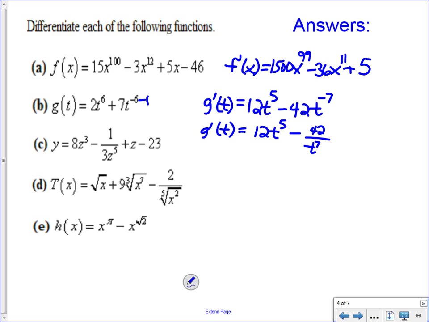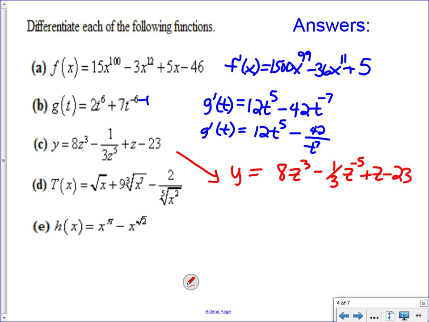All right, what I want to show you in example C is if you have a variable in the denominator, like we have this z to the 5th power, you want to use your properties of exponents and write that as a negative exponent. So before I find the derivative there, I would write y equals 8z to the 3rd power minus 1/3 z to the -5th power plus z minus 23.